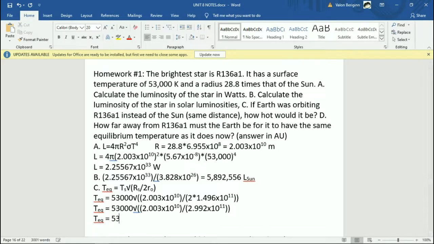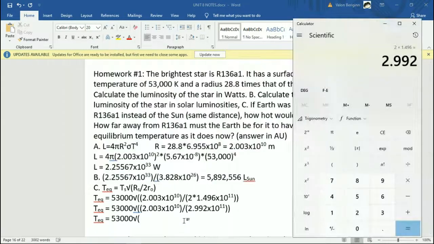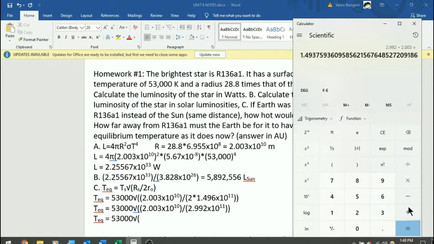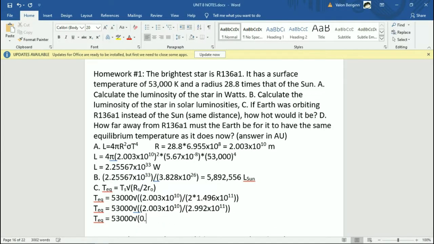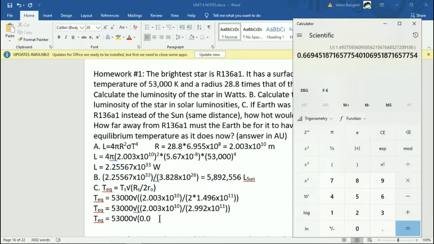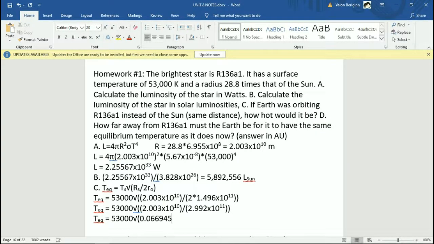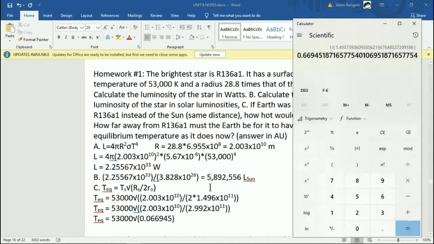So really all you need to do is this times 10 to the minus 1. It's this divided by 10. So it's 0.66945. Then we square root this.